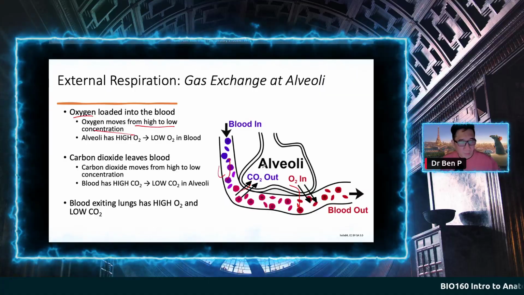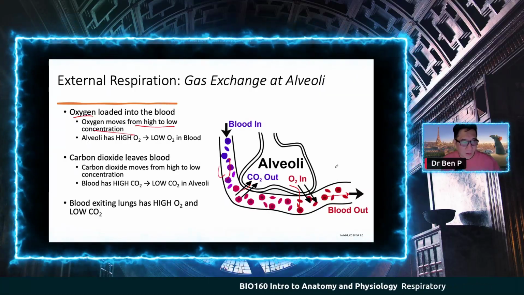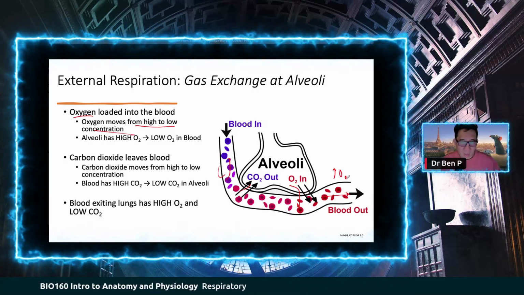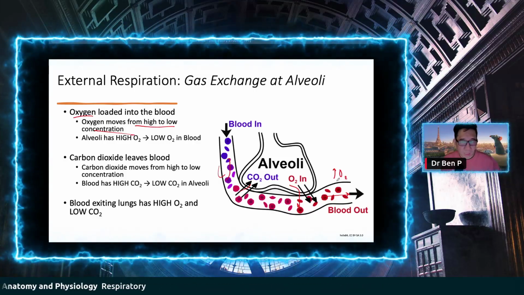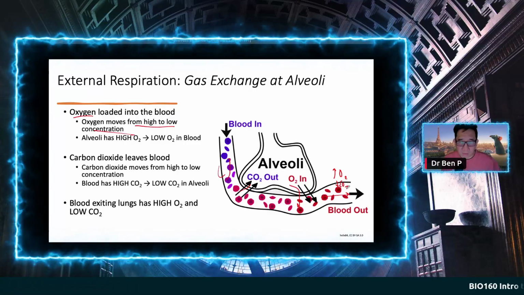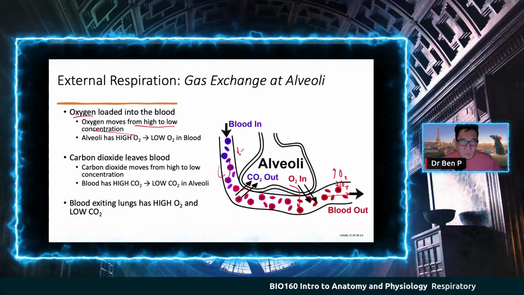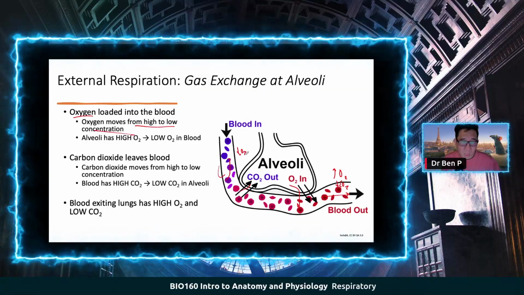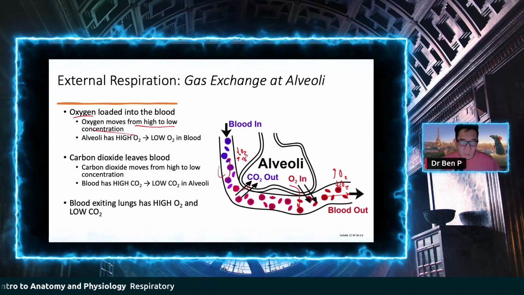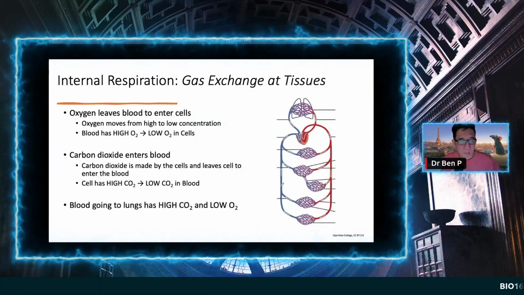Okay, and then when the blood leaves your body, this is when you have a high level of O2 and low CO2. That kind of makes sense because this is oxygen-rich, oxygenated blood, and right here you have low O2 but high CO2 because this is when you're coming back to your lungs. You want to exchange for that oxygen. Okay.